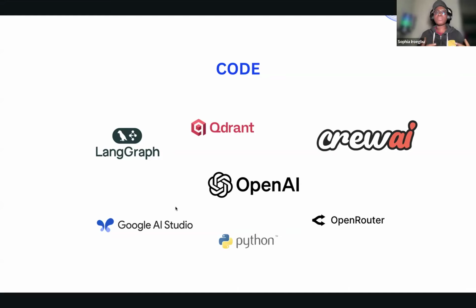When you are building AI agents the code way, there are so many tools that you can explore. And one of the tools that I've been using for some time is what we call Crew AI.